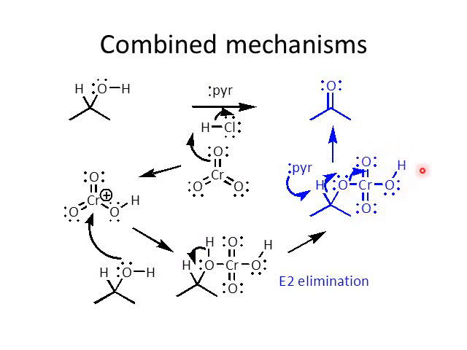Don't worry at all, really, about the fact that it's chromium as a leaving group instead of something like a halide or tosylate or something that you might have seen in other E2 eliminations. Just think of this as a big leaving group. And pulling off a hydrogen, making a double bond, and kicking out a leaving group, all in one step, that's an E2 elimination. So this complex-looking process, in this case 4 steps, turns out to just be a combination of electrophilic addition steps, a proton transfer step, and an E2 elimination step.